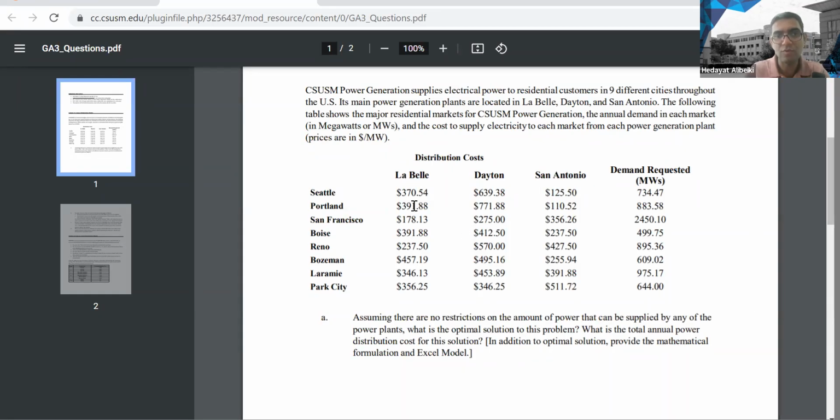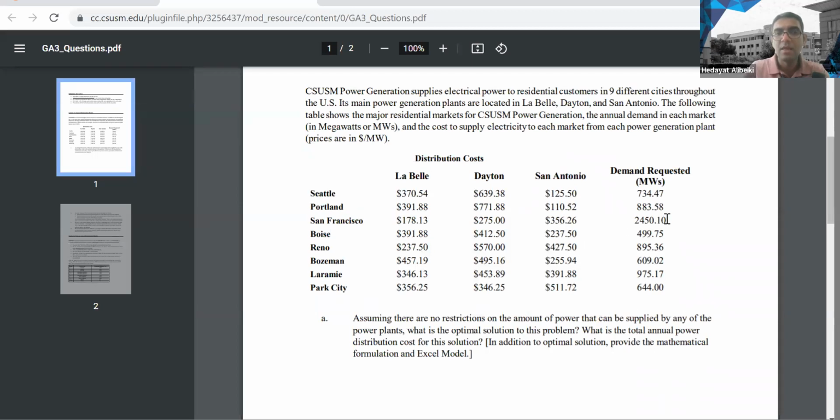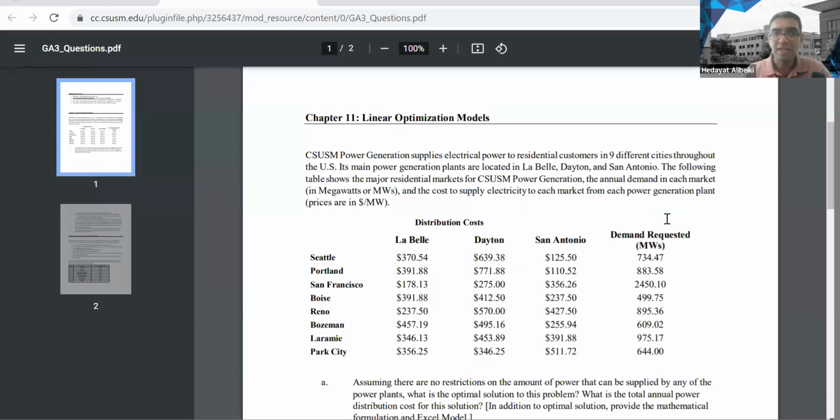You can call them X1,1, X1,2, X1,3, X1,8, X2,1, X2,2, with Dayton being the second, X2,8, Park City X3,1, X3,2, X3,3, X3,4, and so on, right? Okay, now what's the objective?